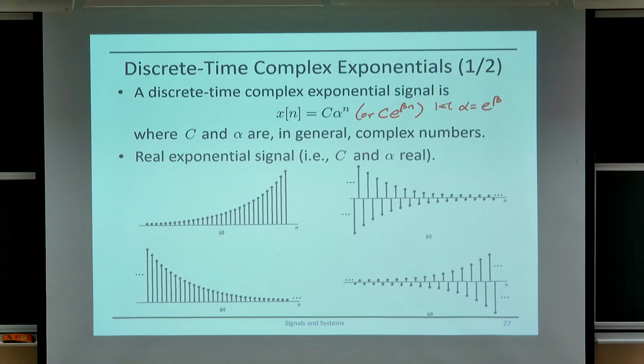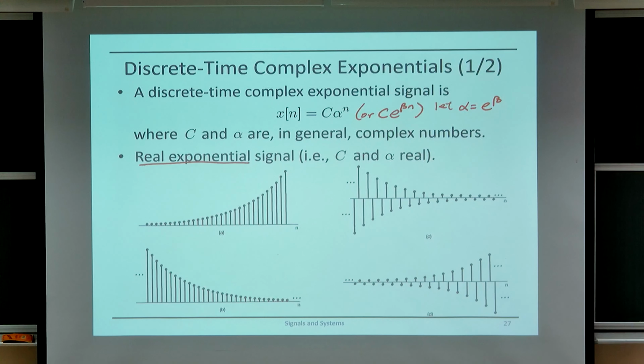Now, again, we can choose c and alpha in general to be complex numbers. But if we start by choosing c and alpha both to be real, then like before, what we get is a real exponential signal that either increases or decreases over time depending on the magnitude of alpha.